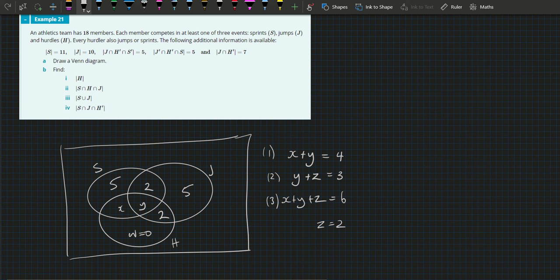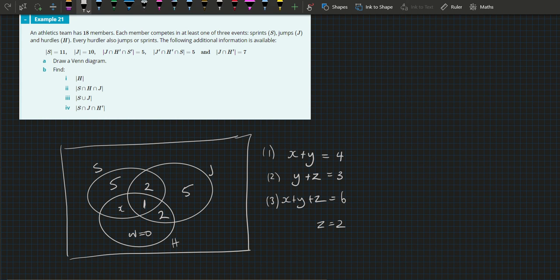And so Z equals 2, and Y plus Z has to be 3, so Y has to equal 1, so that gives me 2, 7, 9, 10 people jumping.